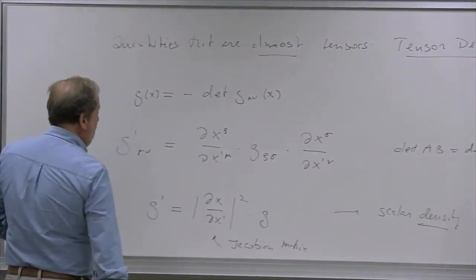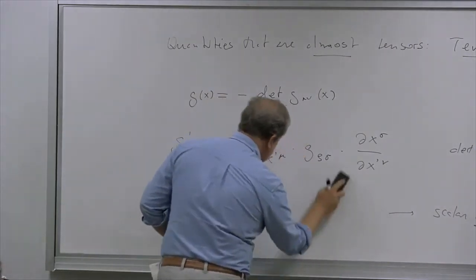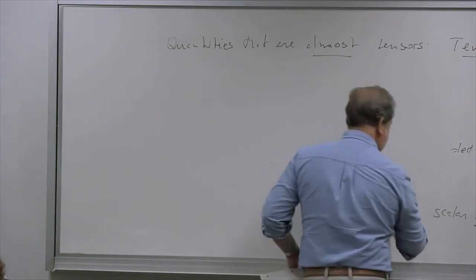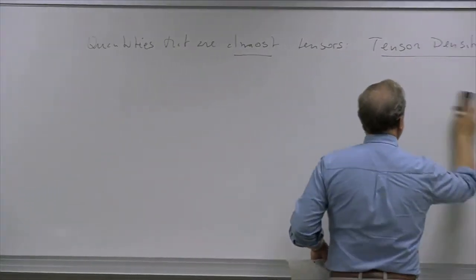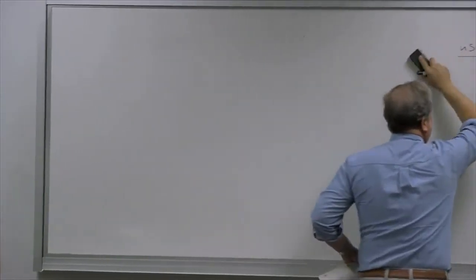And now I'm going to mention one more tensor that plays a role, which has a very simple form. Remember, we talked about the Kronecker delta.